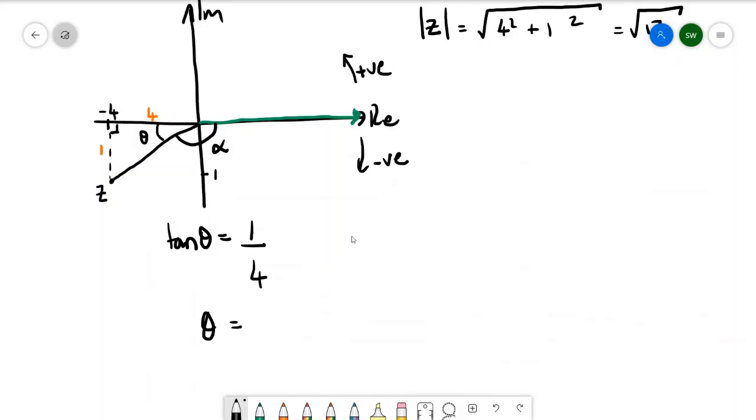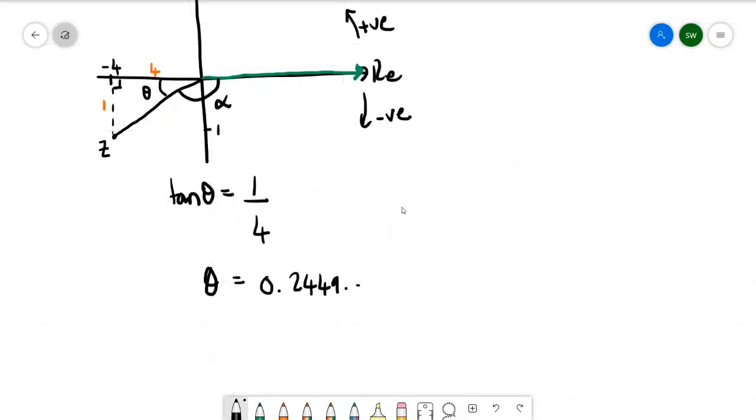And remember, we're working in radians, so it's 0.2449... And then to find alpha, I'm going to use the unrounded value, and do 180 minus theta, or pi minus theta, because we're working in radians. So pi minus theta, and we'd get alpha is 2.896... Well, we want it to 2 decimal places, so 2.90.